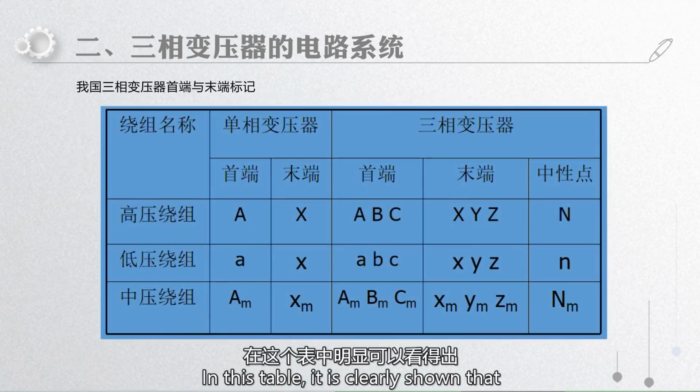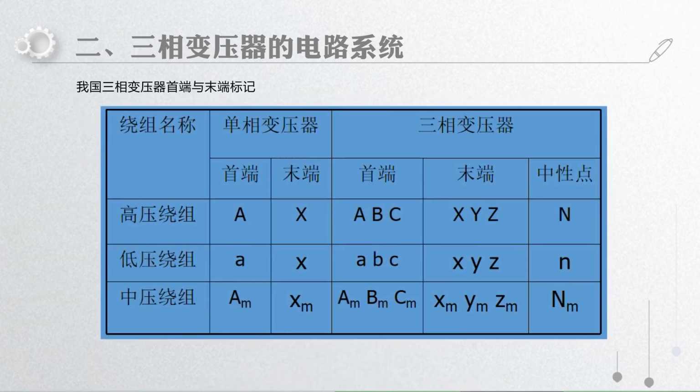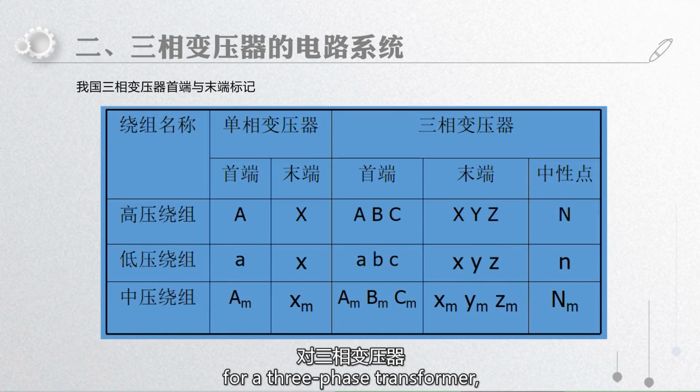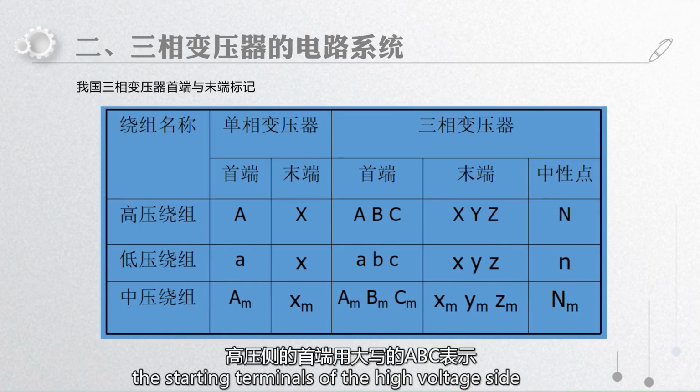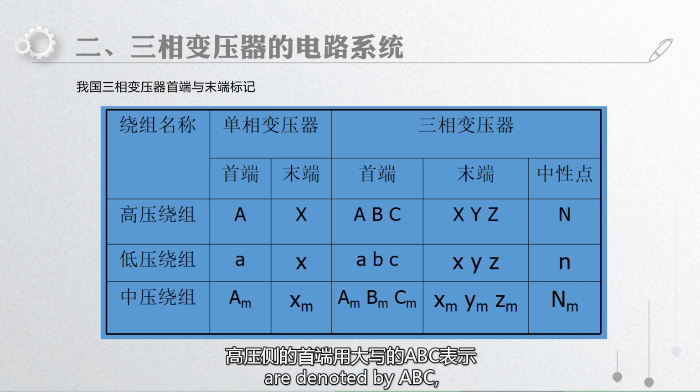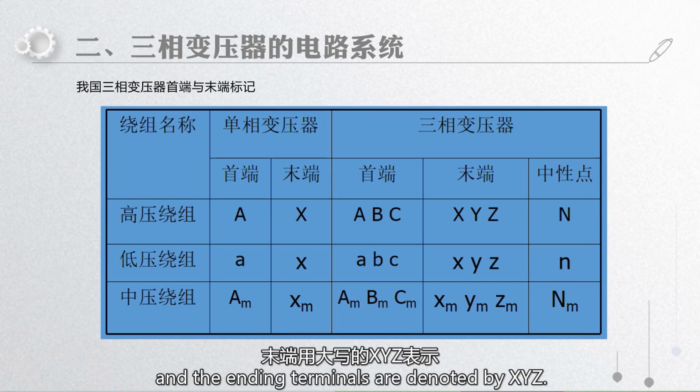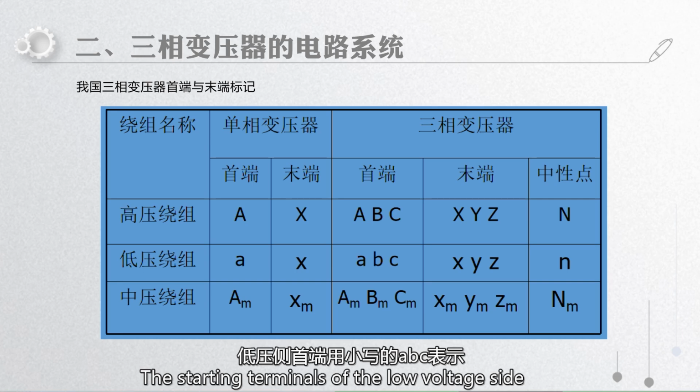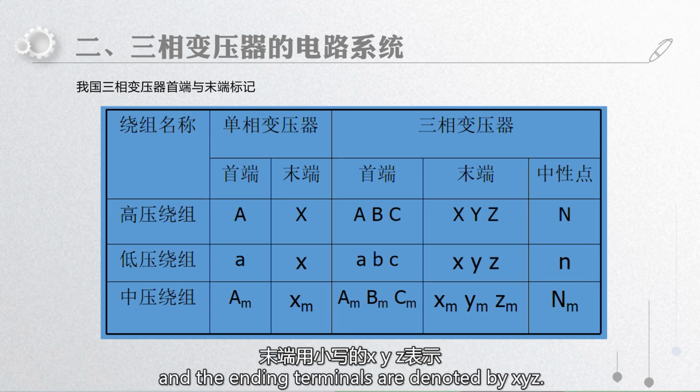In this table, it is clearly shown that, for a three-phase transformer, the starting terminals of the high voltage side are denoted by A, B, C, and the ending terminals are denoted by X, Y, Z. The starting terminals of the low voltage side are denoted by a, b, c, and the ending terminals are denoted by x, y, z.